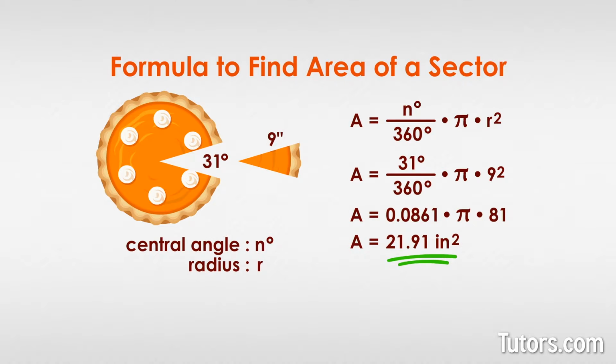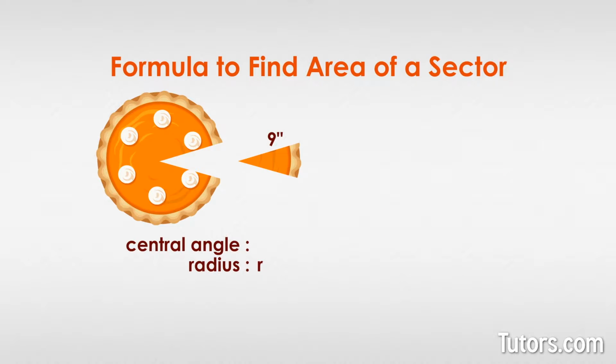If instead of a central angle in degrees, you were given the radians, you use an even easier formula. To find the area of a sector with a central angle theta radians and a radius r, the formula is A equals theta divided by 2 times r squared. It appears pi has disappeared, but it hasn't.